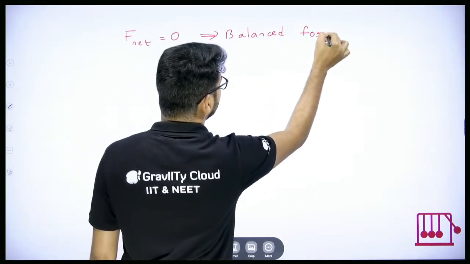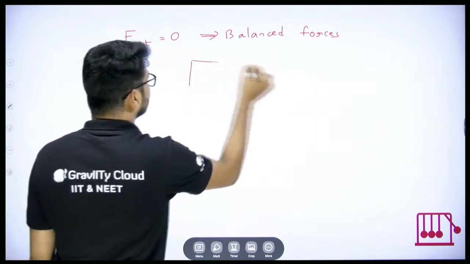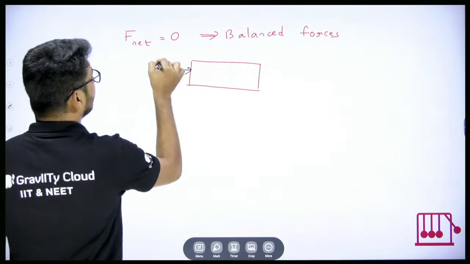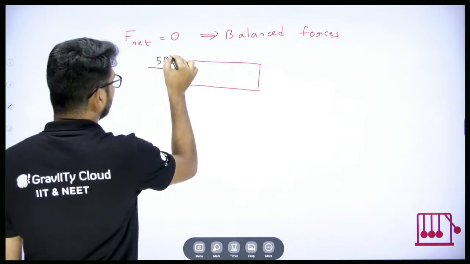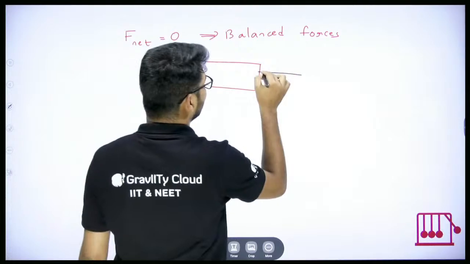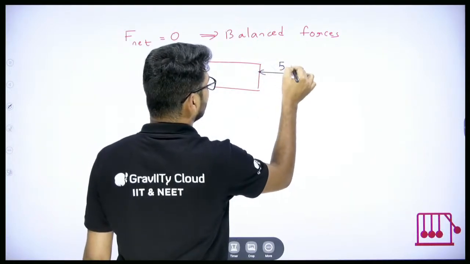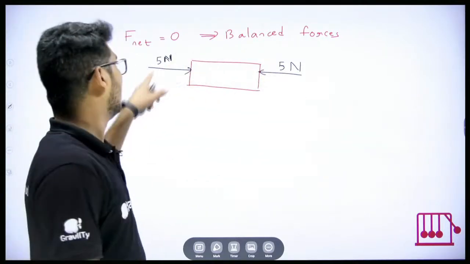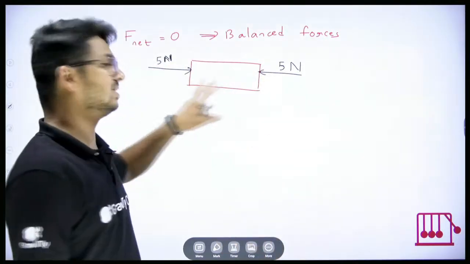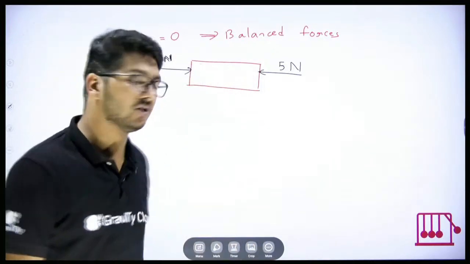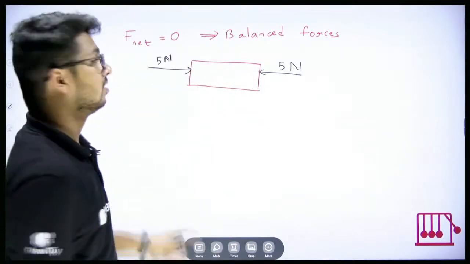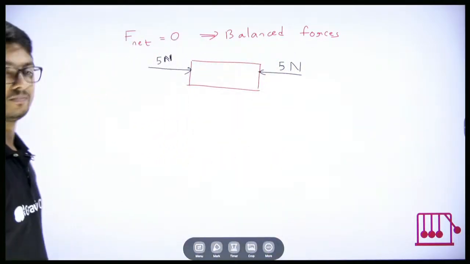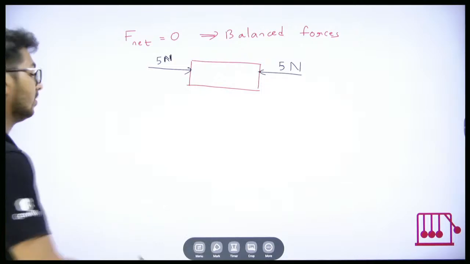If I take this example, 5 Newton and another 5 Newton, these two forces are equal and opposite. Net force is 5 minus 5, 0. So these two forces are called balanced forces. They exactly cancel each other out.